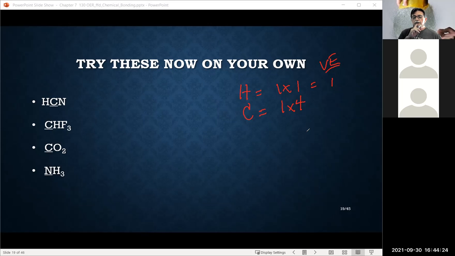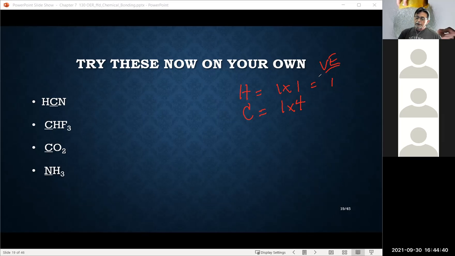Your answer's right, but I don't know where you got it, because what group is carbon in? Who can tell me what group carbon's in? It's in group 4. Check your periodic table. Okay, it's in group 4. So everybody in group 4 has 4 valence electrons.